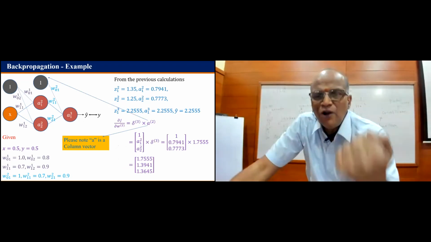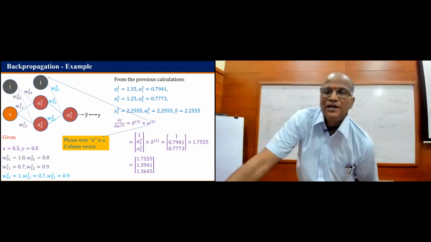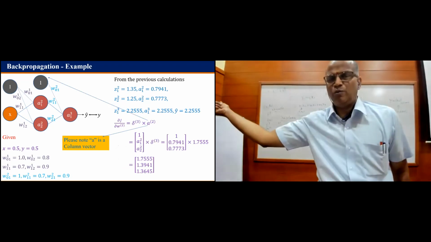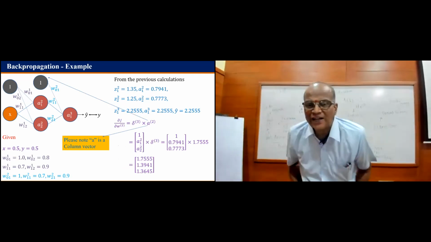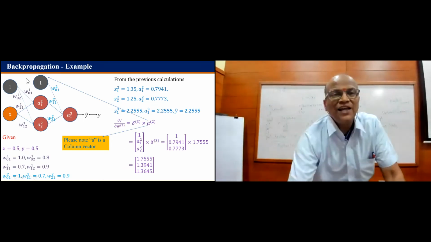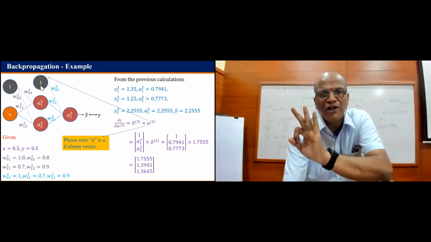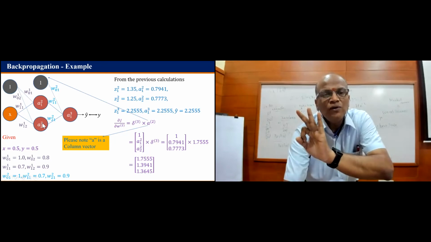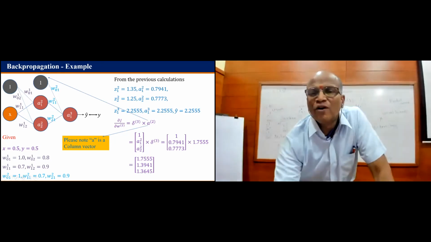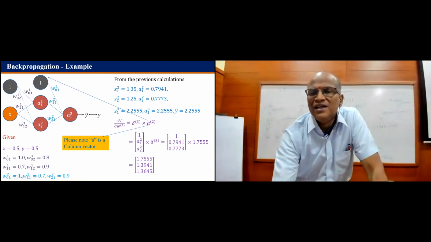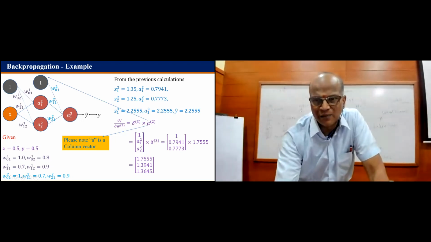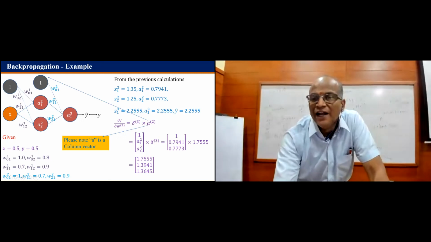Now dou J by dou W2 equals delta 3, the output layer, times A2. Please note A is a column vector. It consists of 3 elements: the bias unit 1, A12, and A22.